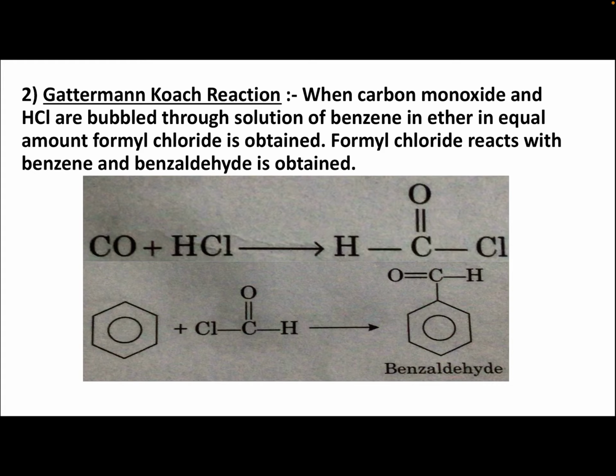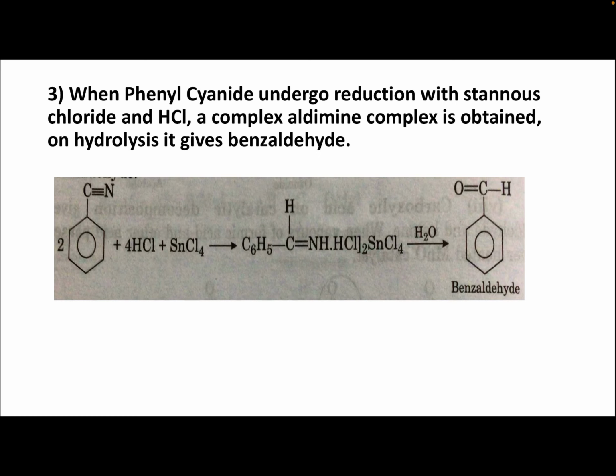So by Gutterman-Koch reaction, we can prepare benzaldehyde in the presence of carbon monoxide and HCl to form formyl chloride, which on reaction with benzene gives benzaldehyde. Next, when phenyl cyanide undergoes reduction with stannous chloride and HCl, an aldimine complex is formed, which on hydrolysis gives benzaldehyde.